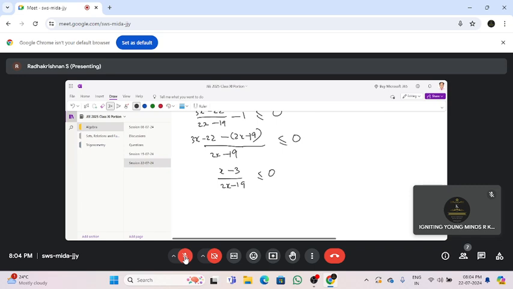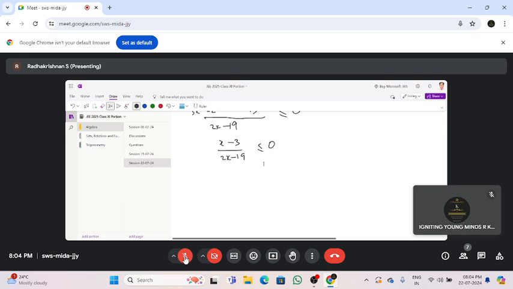Here the inequality is less than 0. So that means it should be negative. One should be positive: numerator should be positive and denominator negative, or numerator negative and denominator positive. So it can be x minus 3 greater than or equal to 0 and 2x minus 19 less than 0.